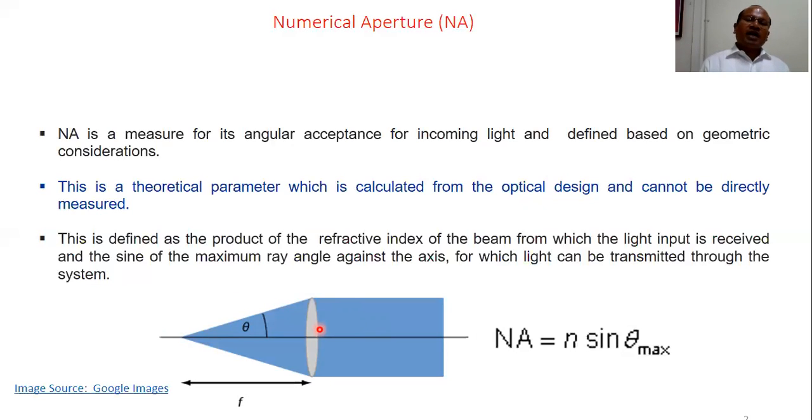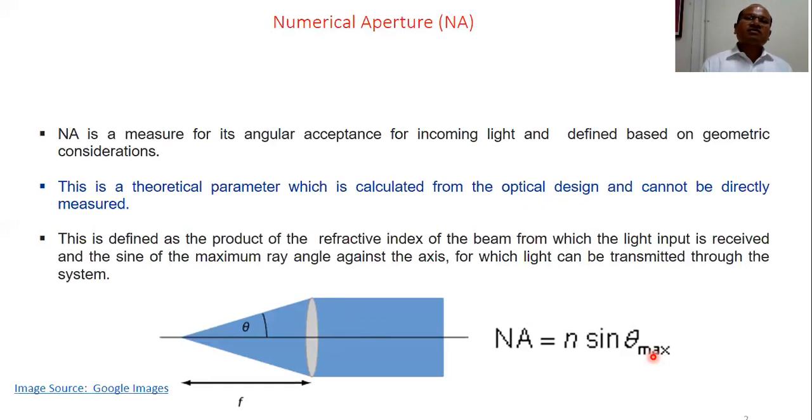So if we determine theta maximum, the maximum value of acceptance angle, we can easily calculate numerical aperture as n into sine theta max. That is the sine of the maximum angle, which is the acceptance angle here. So n sine of acceptance angle is actually numerical aperture.